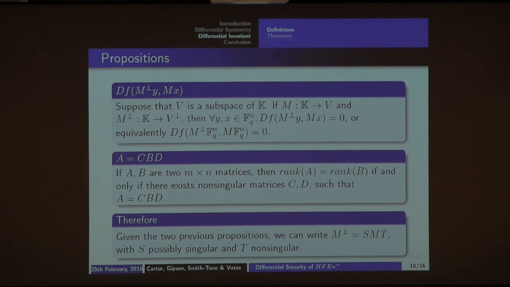Using that, along with the following proposition from basic linear algebra: if you have two n by n matrices, A and B, then their ranks are equal to each other if and only if there exist non-singular matrices C and D such that A is equal to CBD. Using these two propositions together, we can write M perp in the following form, where M perp is equal to SMT, where S is possibly singular and T non-singular.